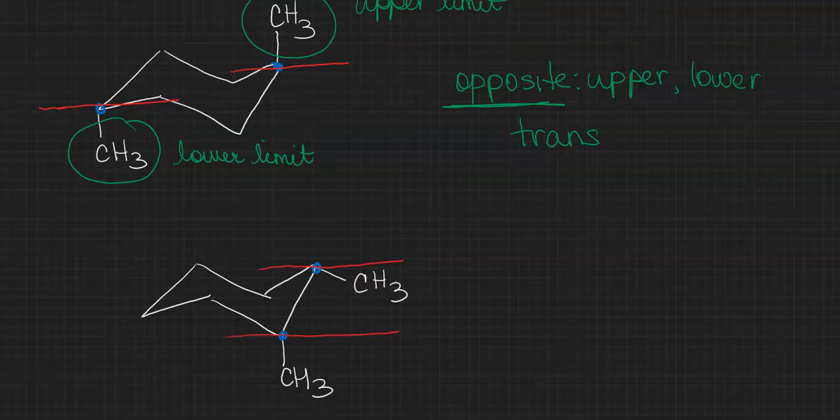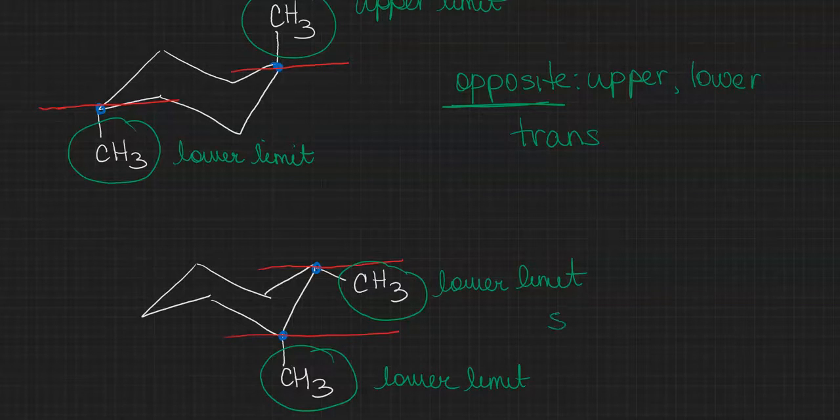And I want to look at the position of my substituent. So here I have a methyl, and it is a lower limit. Here I have another substituent, and it is beneath the red line. It is also a lower limit. So what we notice is that our limits are the same. They are both lower. And if they are the same, then that means that the structure is cis.